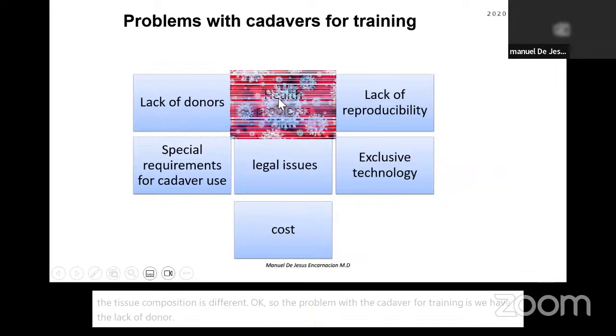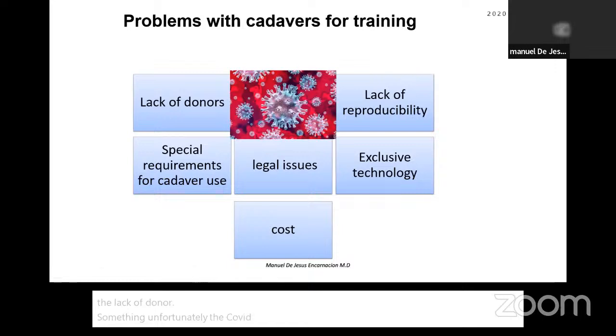Something, unfortunately, COVID-19 taught us is the cadavers are not going to be forever, because if we have war, medical issues, again, we're going to have a lack of cadavers. Again, the lack of reproducibility, because in the cadavers, we cannot simulate the herniation, we cannot simulate a spinal tumor, no. Also, of course, the legal issue.